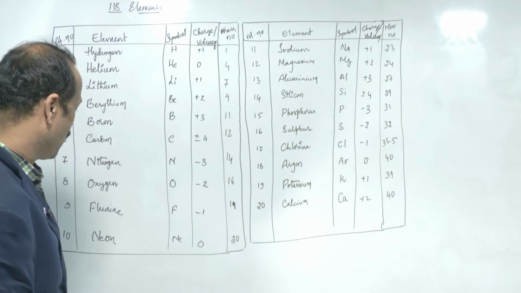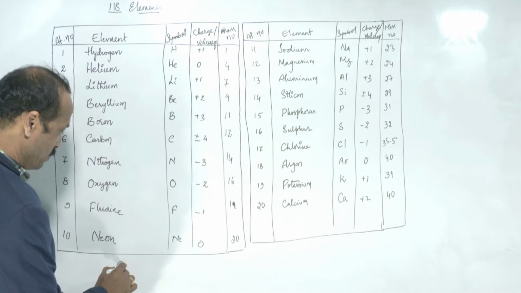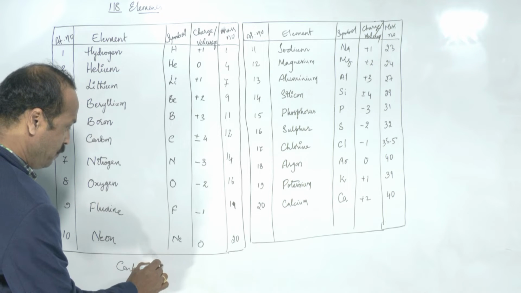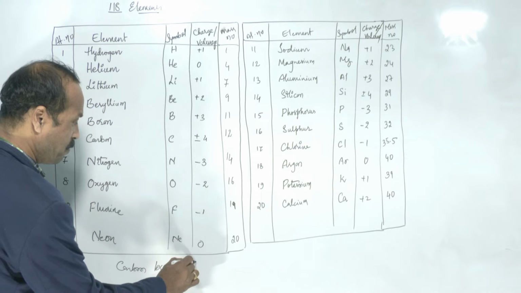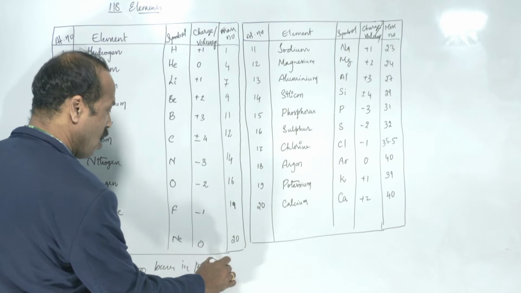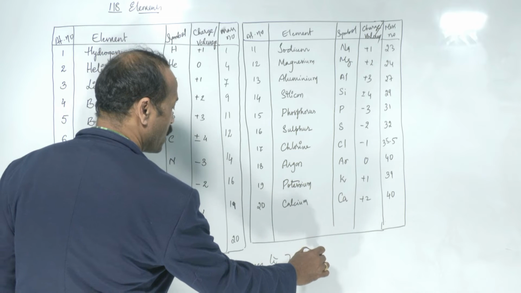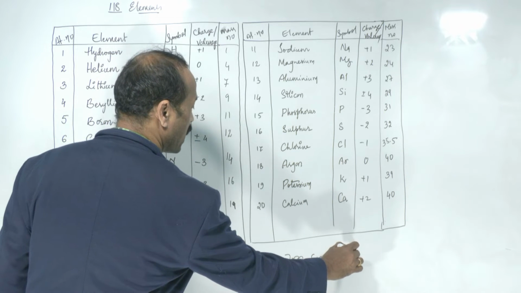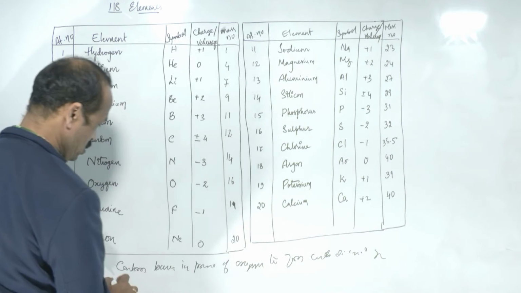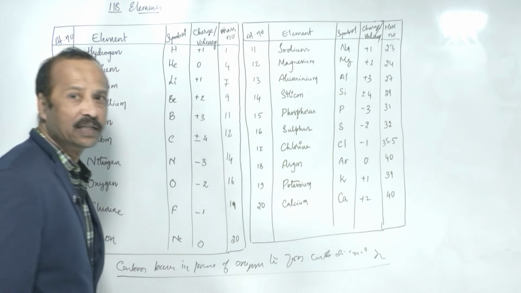For example, I would like to write: carbon burns in presence of oxygen to form carbon dioxide gas. See how big a sentence I need to write.